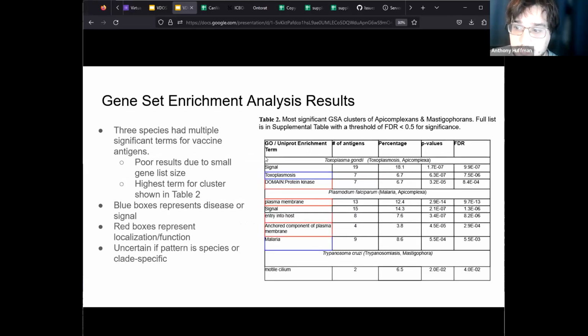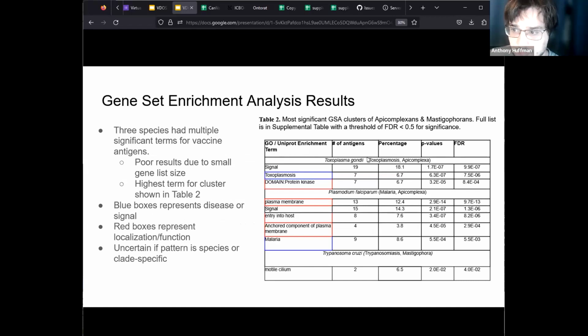With the reduced gene list, we really got significant terms for 3 major species: Toxoplasma gondii, Plasmodium falciparum, and Trypanosoma cruzi. I've included the disease name in parentheses, along with whether it's an apicomplexan or a mastigote form, so the type of protozoan in parentheses.